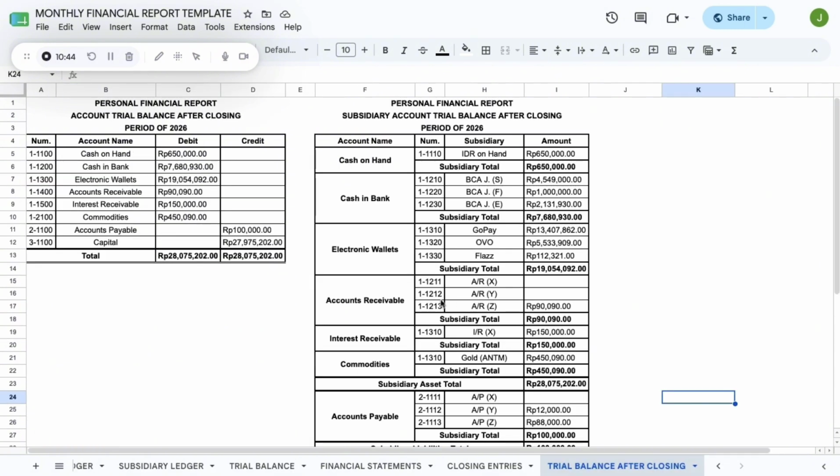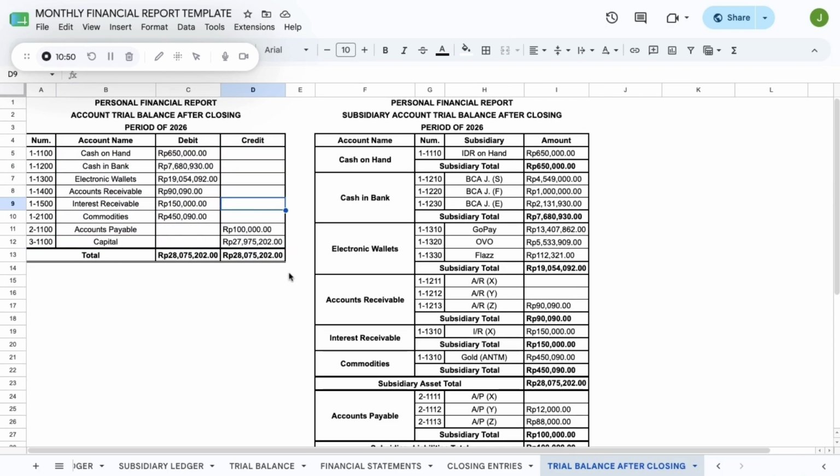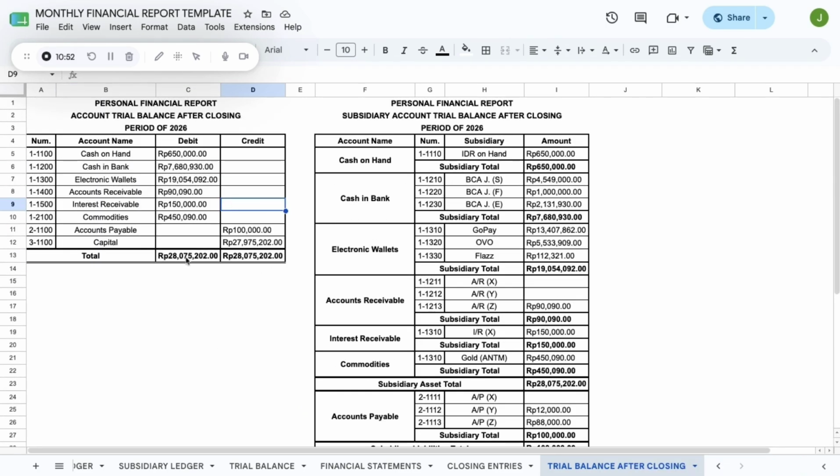Then we move into the trial balance after closing, and this is basically a recap of all the things we've done in this month. And this page is what we use to transfer the data into the next month. Like in January here, we use the trial balance after closing data to put into the initial balance sheet, and then it goes on and on and on.